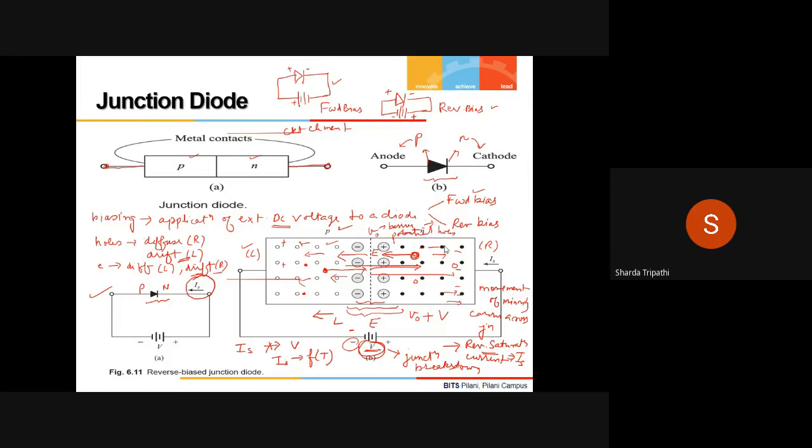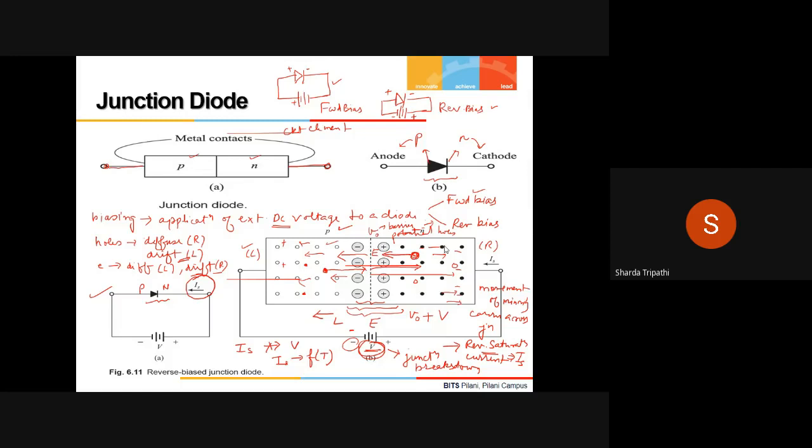So in a nutshell, what is happening? When the PN junction diode is reverse biased for a given value of V, there will be a very small flow of current due to minority carriers. We call this current the reverse saturation current, which is not dependent upon V, but is a function of temperature. Then if I keep on increasing the value of V to a sufficiently large value, the junction will break down.